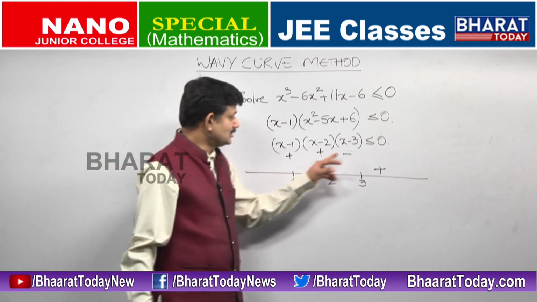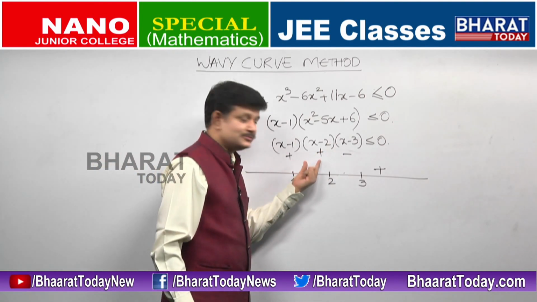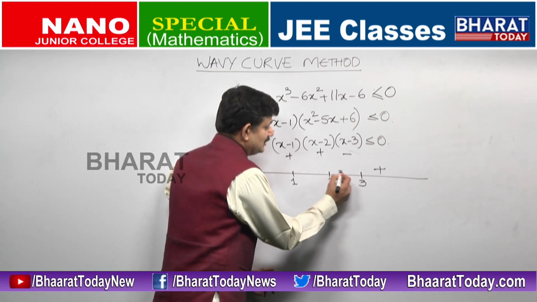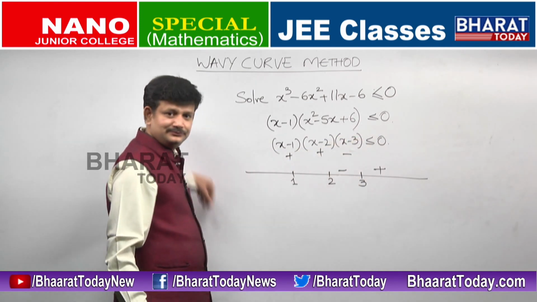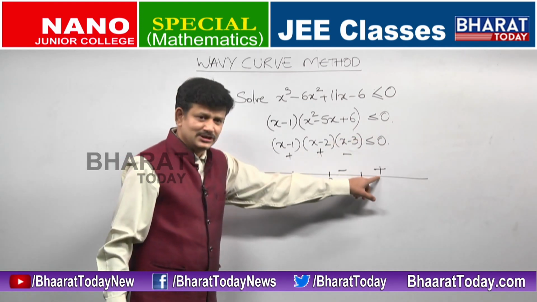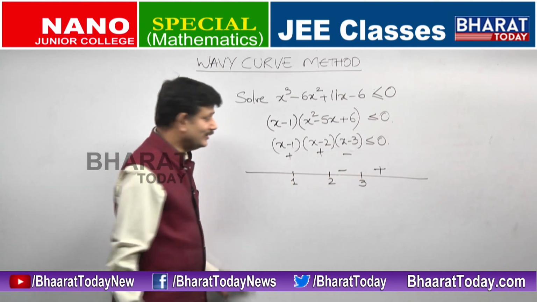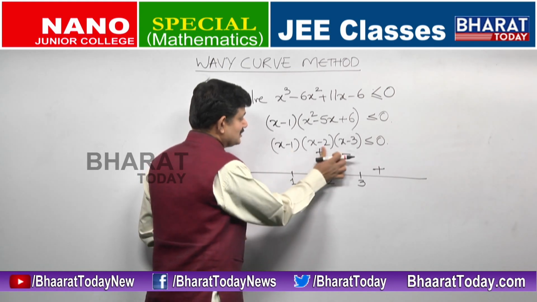So positive, positive, negative. What is the product of all the 3 numbers? Positive into positive is positive, into negative is negative. So effectively this is a minus sign. It has to be a wavy curve, right? So here positive, so automatically this has to be negative, this has to be positive, this has to be negative. Let us see if our observation is right. What should happen in the next case?